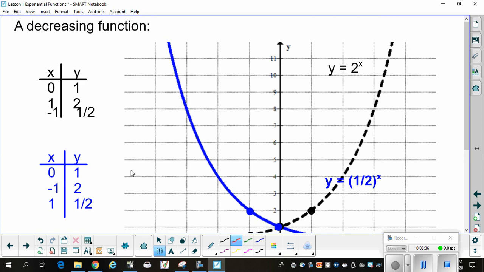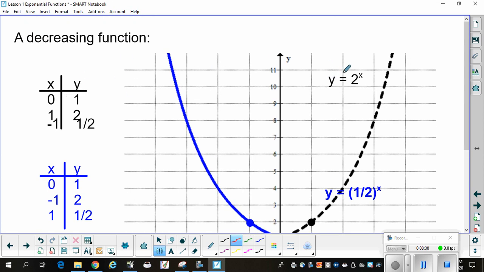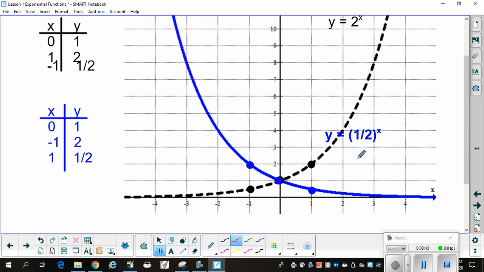Decreasing function. y equals 2 to the x, y equals 1/2 to the x. Remember that 1/2 to the x is the same thing as 2 to the negative x. Same thing, and it just reflects itself over the y-axis. Remember, up here it's a horizontal reflection, so it goes over the y-axis.